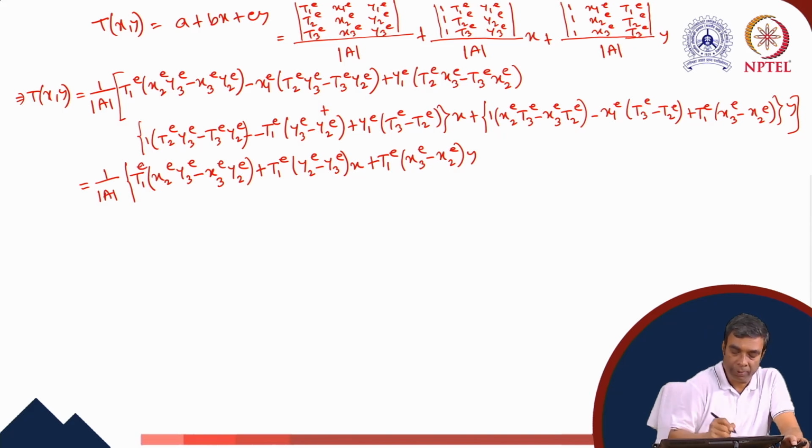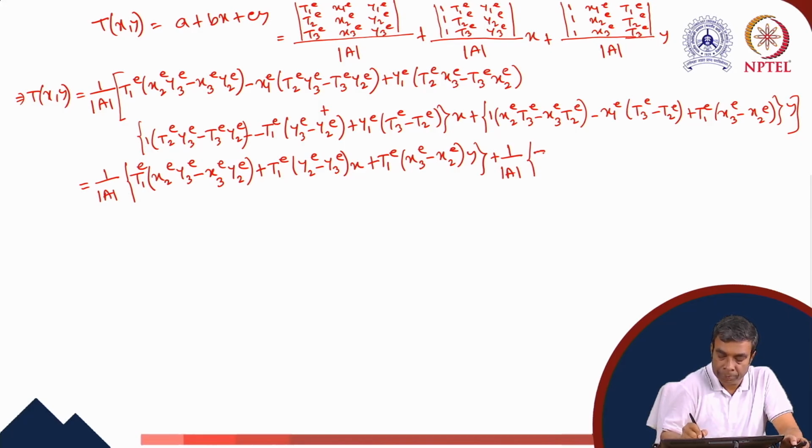Next we go for T2e. So here we get 1 by determinant of A into T2e. If we look into the terms from small a, then for T2e we have (x3e y1e minus x1e y3e).